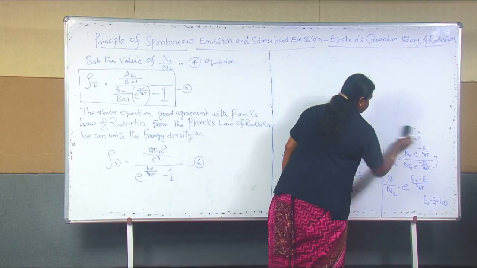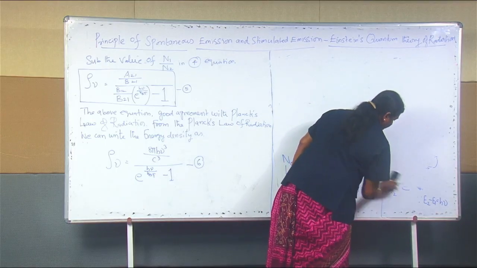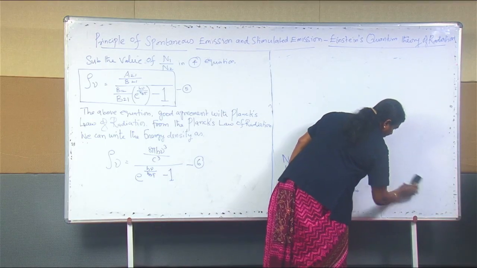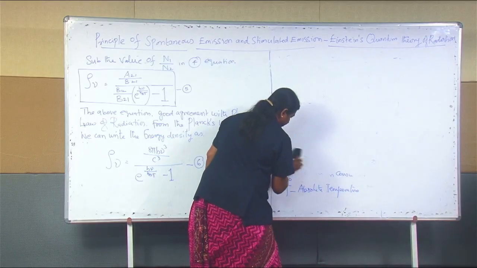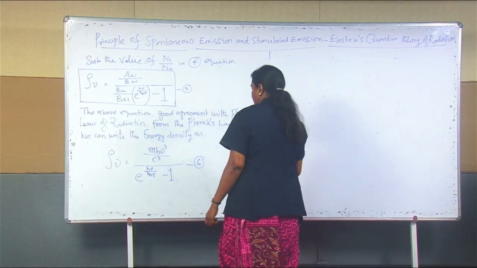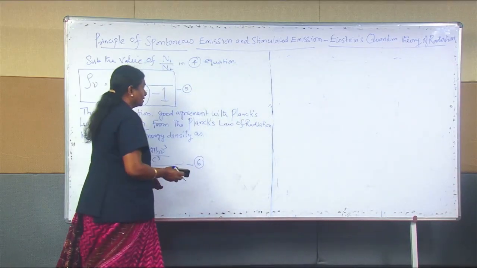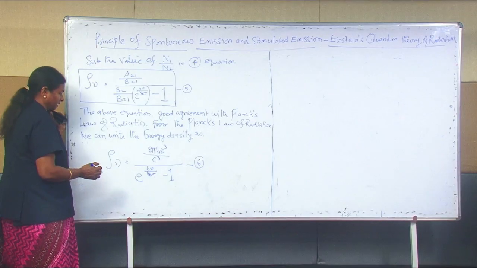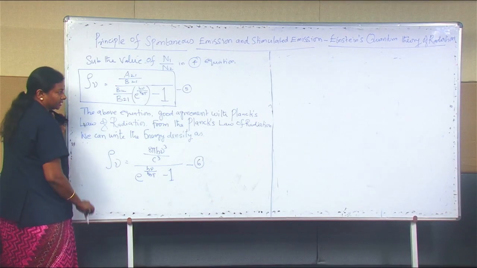We are nearing the solution for the heading. What is the heading here? One is nothing but the relation between spontaneous emission and the stimulated emission. In addition, we have given the Einstein's quantum theory of radiation. So, we are just nearing the final equation.